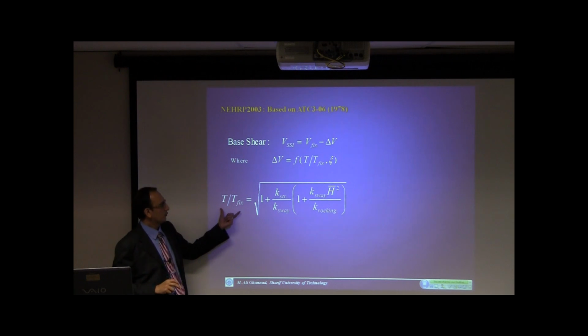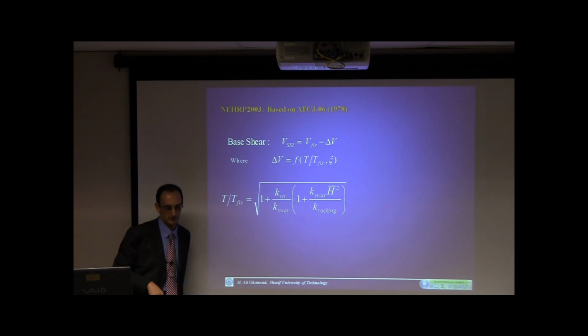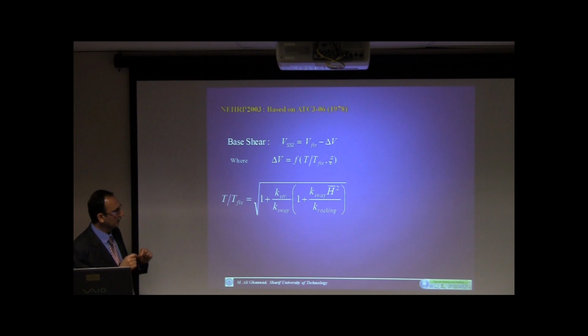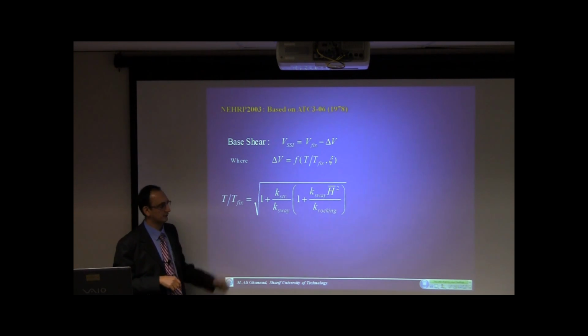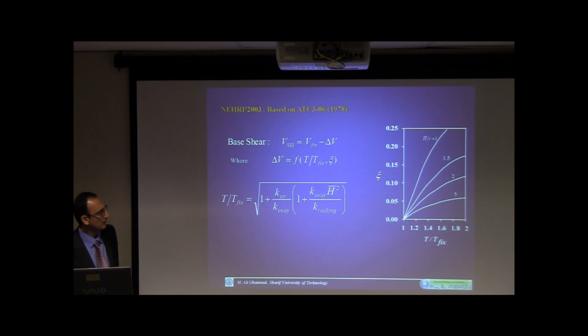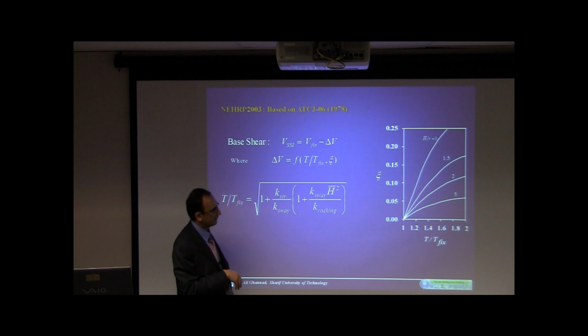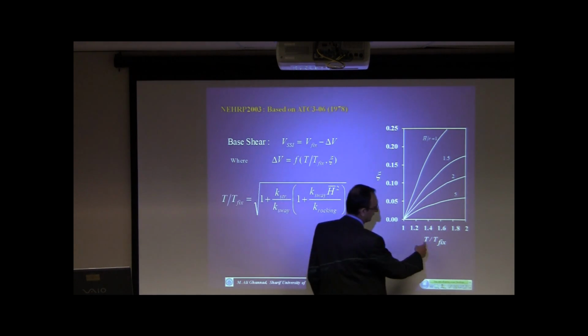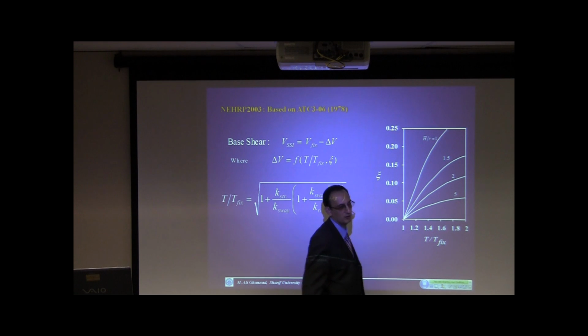And the provisions provide some simplified formulation, in the concept of springs in series, to find the period of the new system, and also such graphs, having the change in the period and the aspect ratio of the structure.